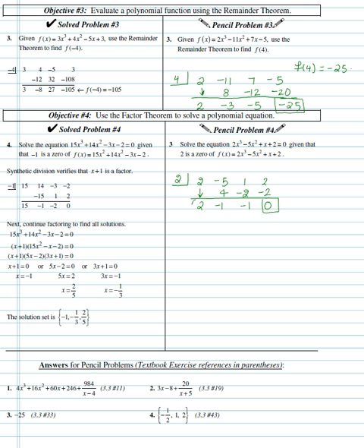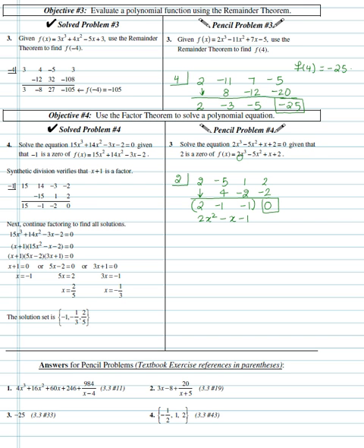I need this part to give me another factor. What is this? This would give me 2x squared, because we started with 2x cubed and divide with x, we start with 2x squared. 2x squared minus x minus 1 is another factor.